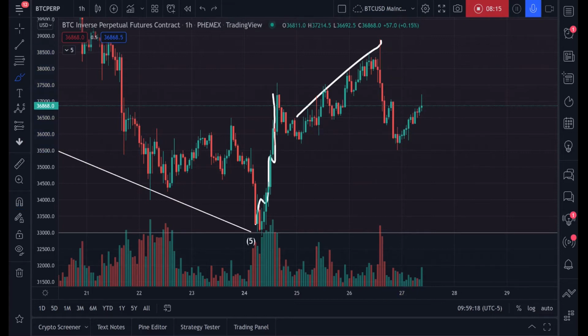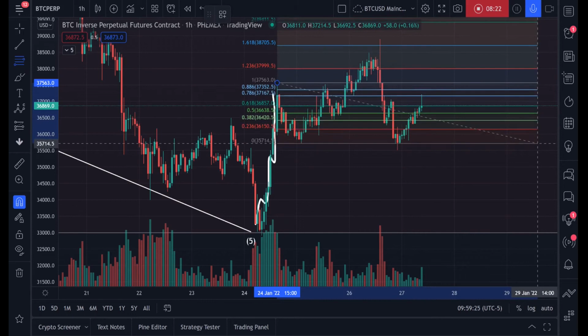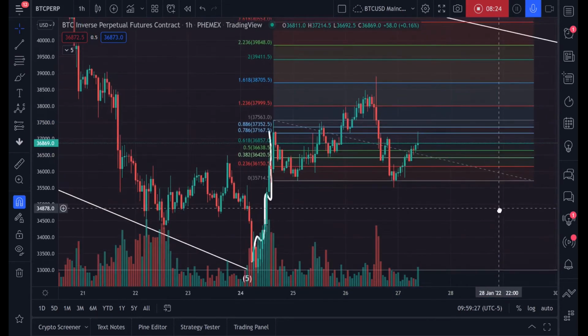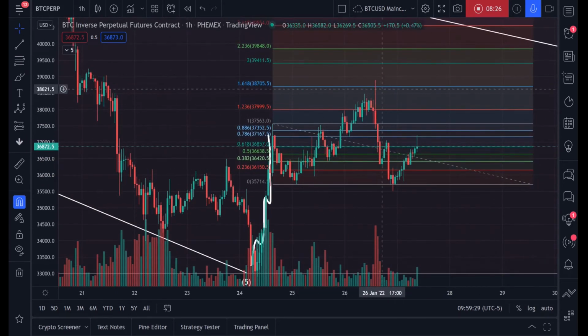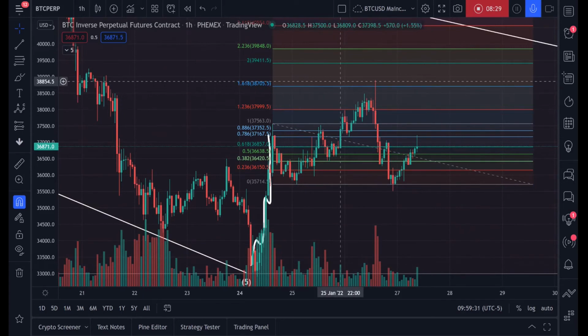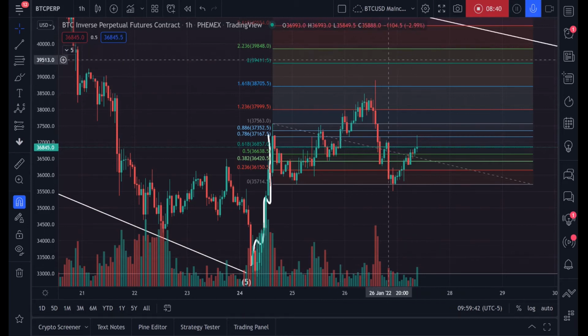Because this B wave came up to between the 1236 and the 1618 of this A wave, okay? And what do we know about B waves that retrace between the 1236 and 1618? Elliott wave theory indicates that these kinds of B waves make for expanded flat corrections. And an expanded flat correction has a target of the C wave of not between the 1 and the 1236, but of the 1618.